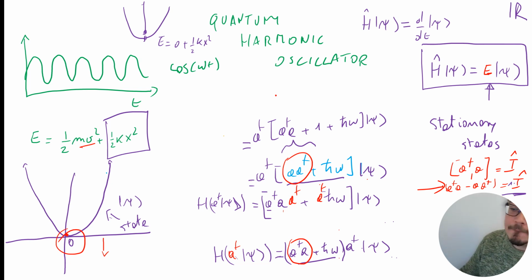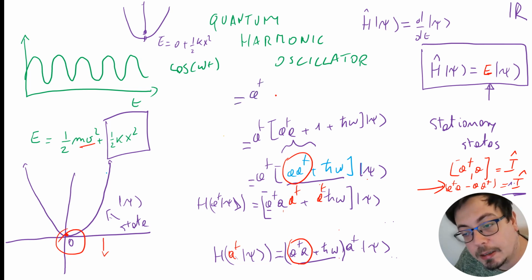Okay. But now we see clearly what happens, because now we have that this is, we can multiply psi. We get A dagger psi, which is our initial thing.